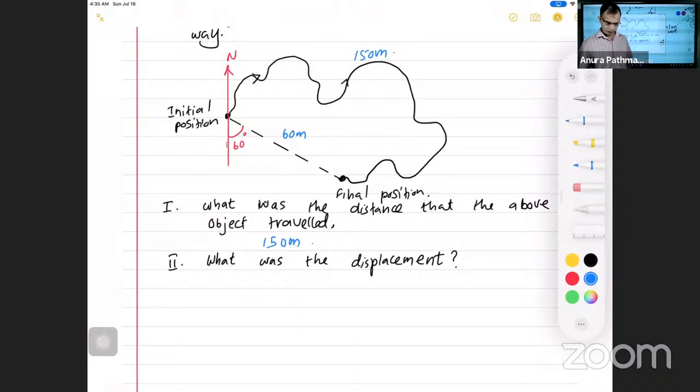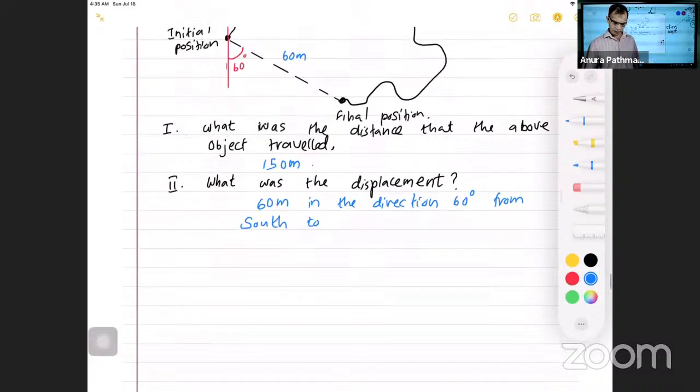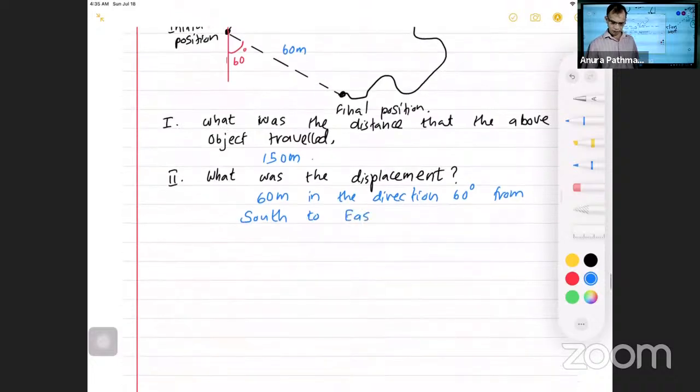The displacement is 60 meters, 60 meters in the direction 60 degrees from south to east. South to east. So this is how the displacement is expressed.